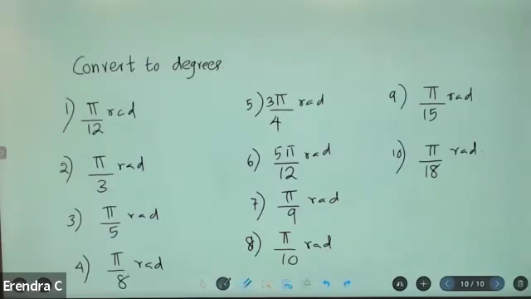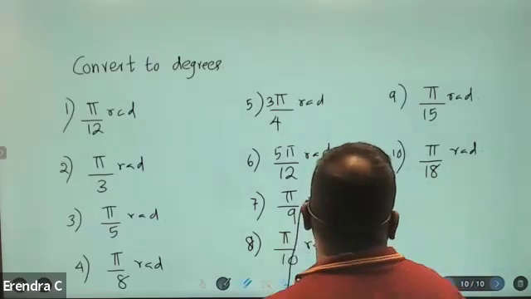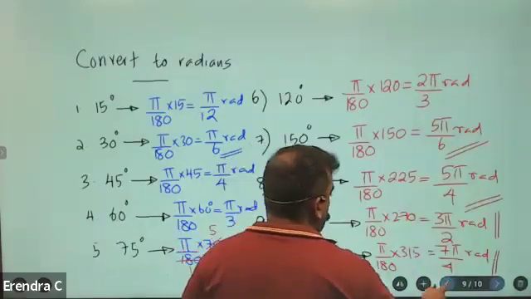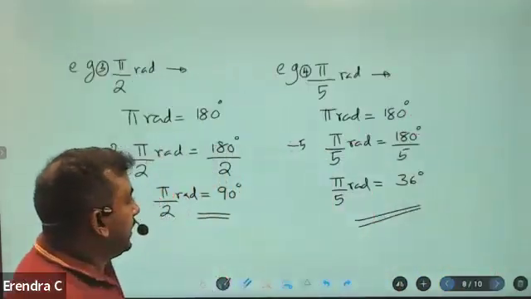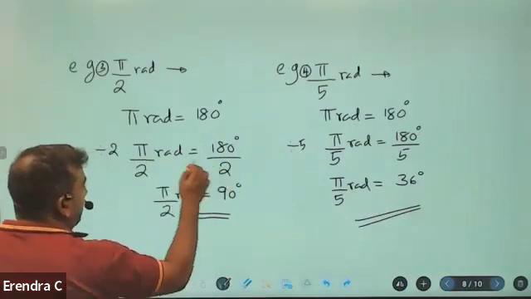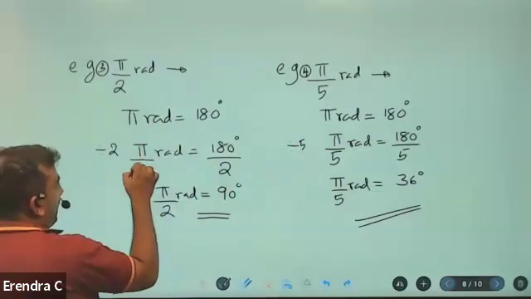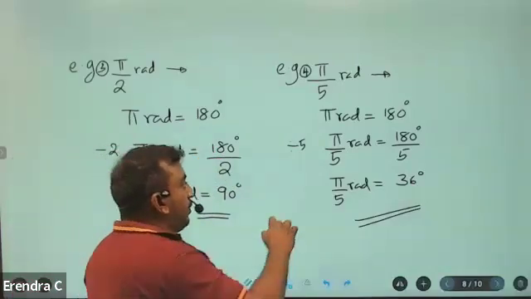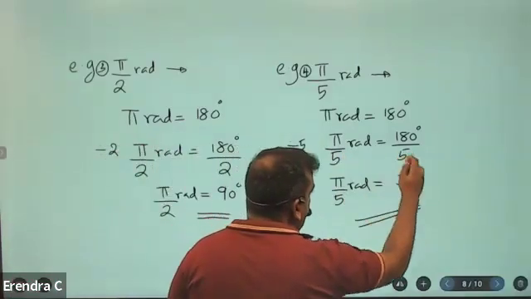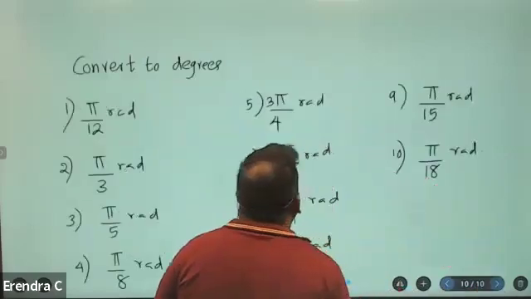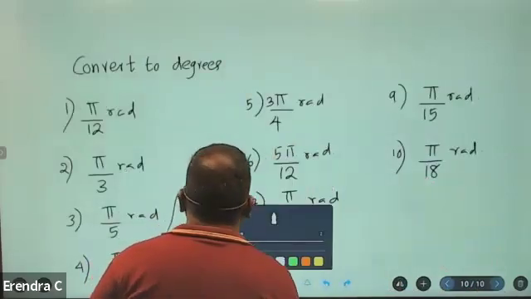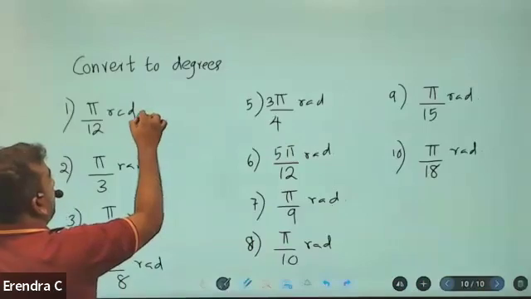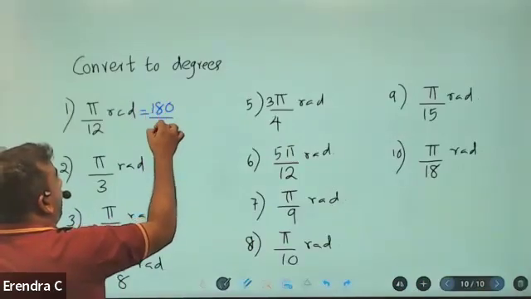Right. I'm sure you have done it. Now, reminder, how did we convert radians to degrees? So you divide both sides. Whatever you're dividing here, the same thing you divide there, 180. So here, 180 divided by 12.